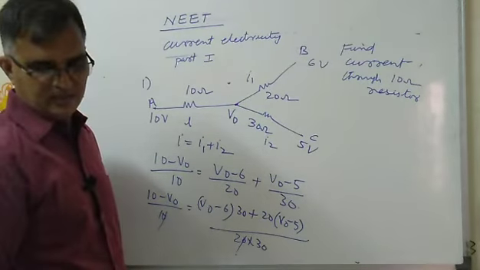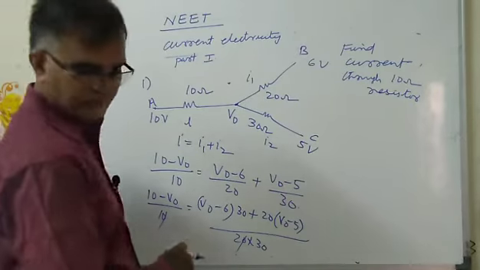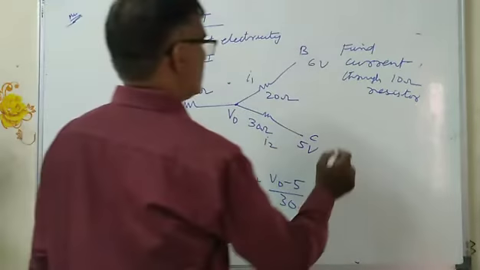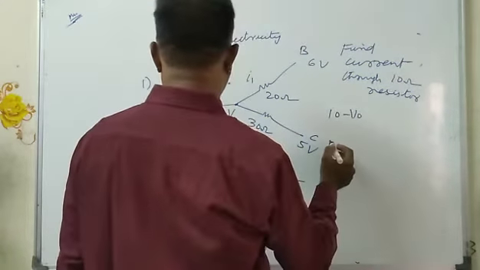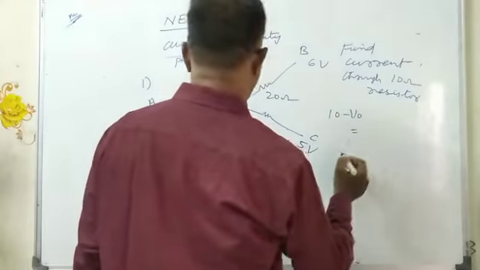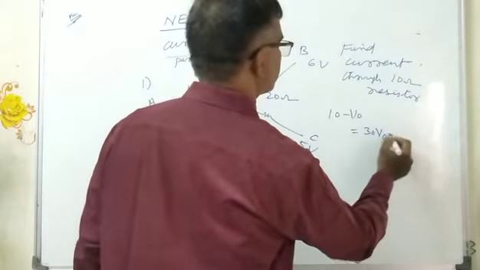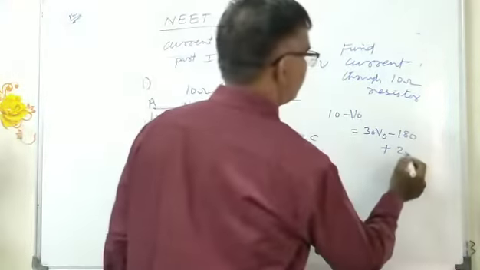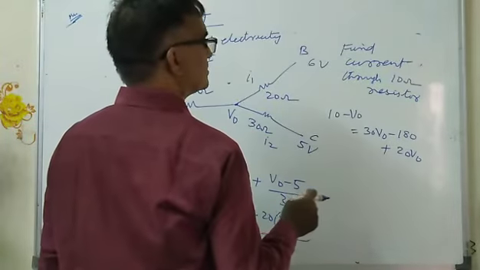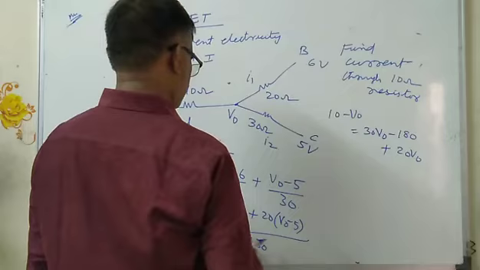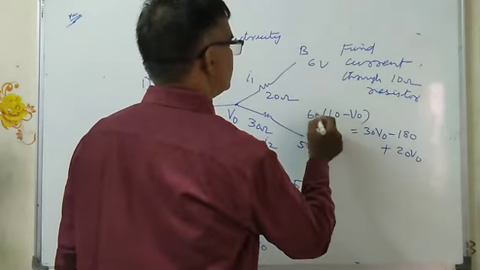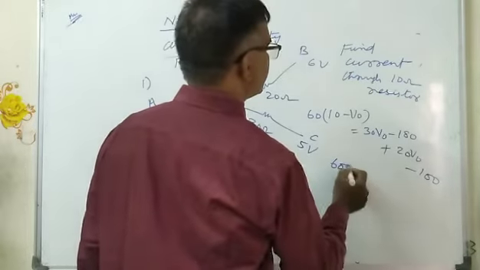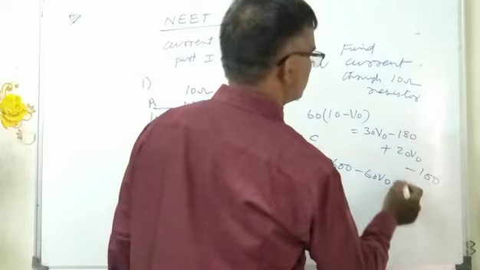Now on simplification, 10 minus V0 by 1 is equal to 30 V0 minus 180 plus 20 V0 minus 100. Now here 600 minus 60 V0 is equal to 50 V0 minus 280.